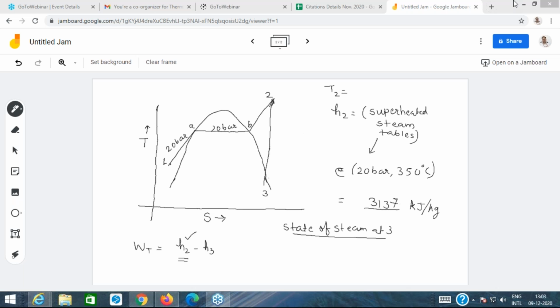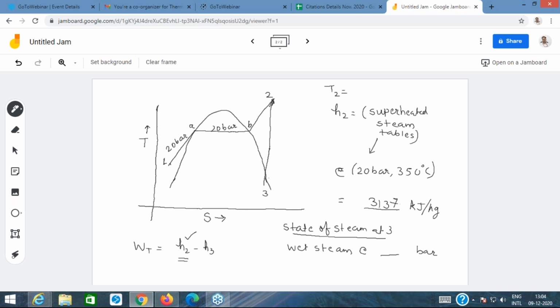And what is the pressure of that? It is slightly, it's almost dry steam. Please note, it is closer to the saturation curve. It is almost dry steam. So it is a wet steam after expansion, almost dry, I would say. And what is the pressure of that steam?